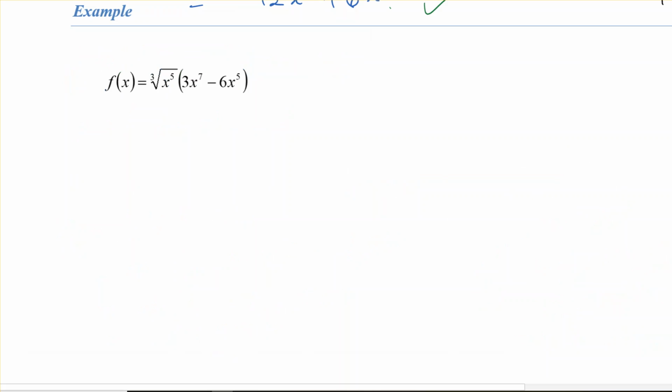In this one, first we're going to rewrite the function. We are given that y is equal to x raised to power 5 over 3 times (3x^7 minus 6x^5). Again, we see that we have the product of two functions, u and v.